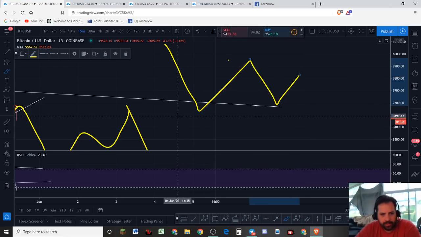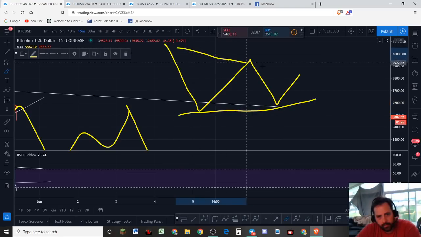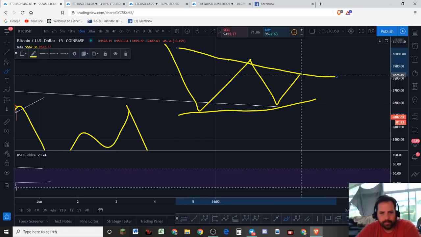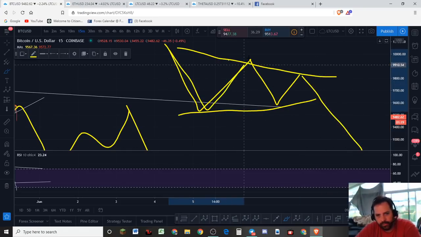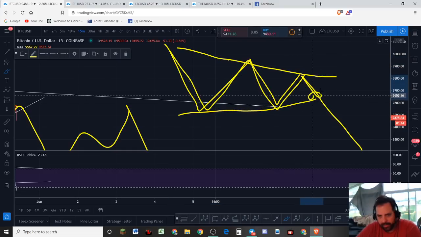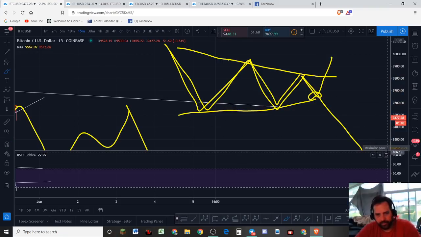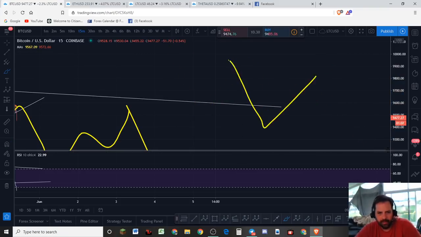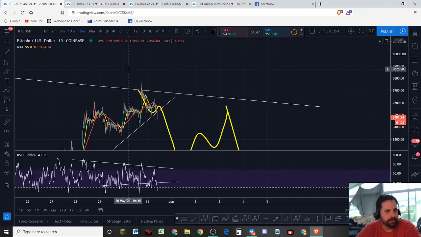And you can see that the shape it makes there is a triangular shape. And it ends up coming down, because that's a 1-2-1-2 of the next wave, and it comes down. People are expecting it to break up, but it breaks to the downside. So that's an example of a 1-2-1-2 that looks triangular, but it comes on down. And that's what I wanted to share with you a little bit here.